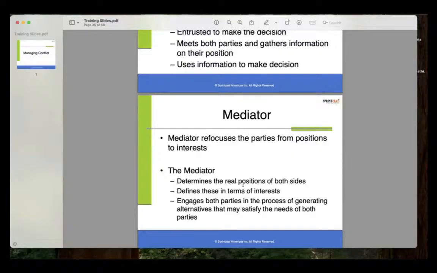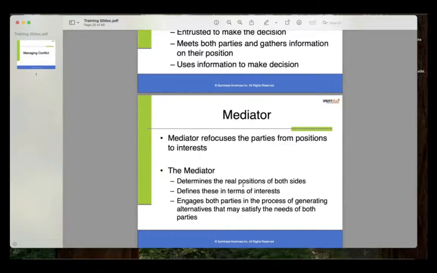The mediator determines the real positions of both sides, the interested parties or stakeholders, whoever is involved in the conflict. Also, they define these in terms of interests. So positions and interests, two things need to be defined for this role. A mediator needs to define the positions of both the parties.